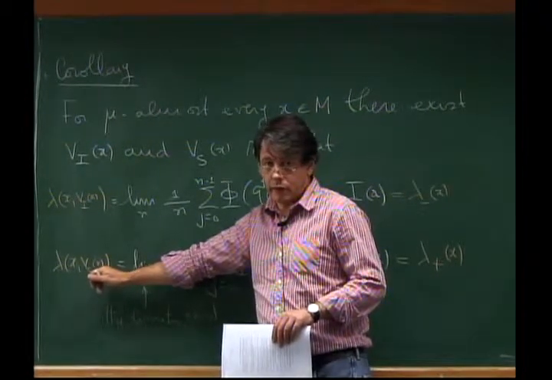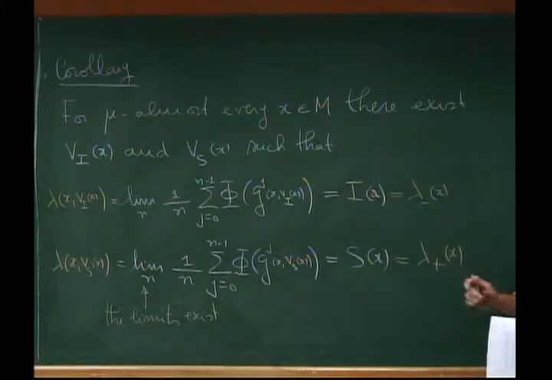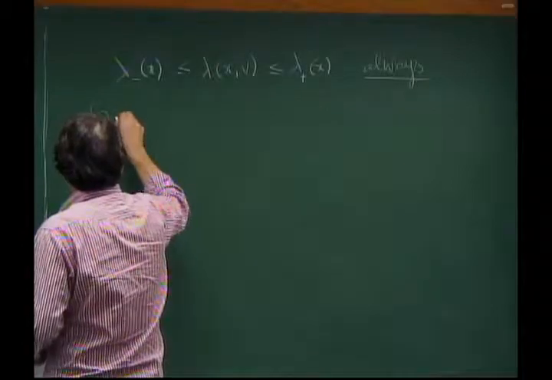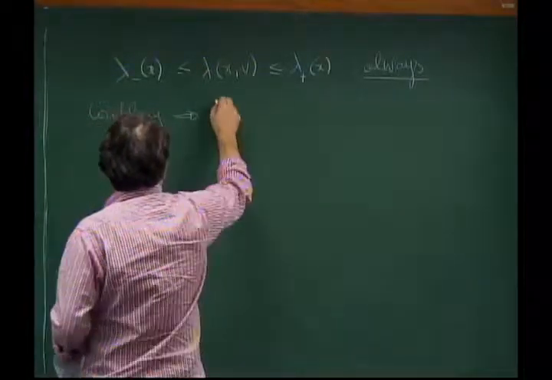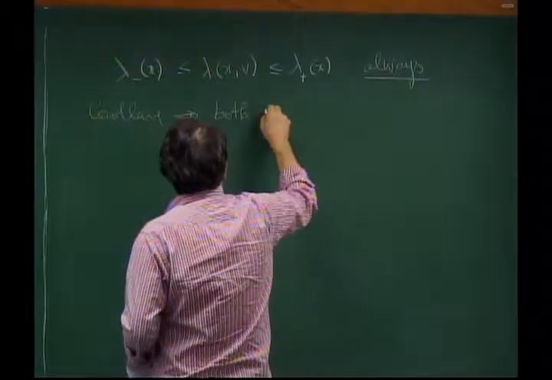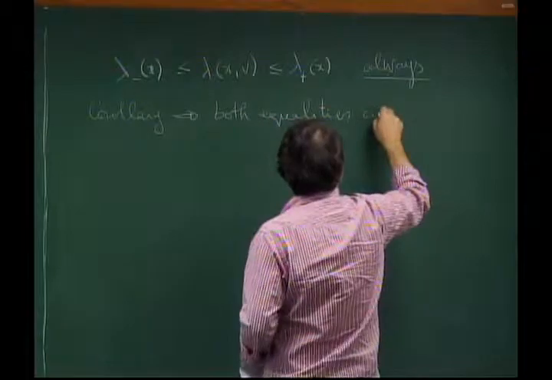There exist some vectors where the rate of growth is the minimum and where the rate of growth is the maximum. So the corollary says that both equalities are attained.